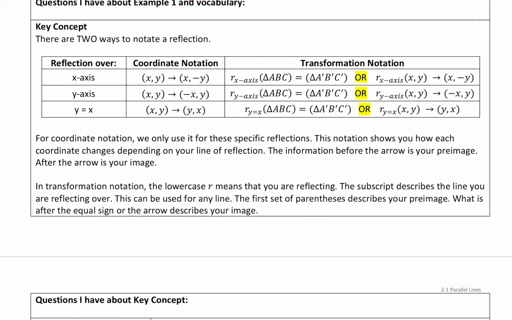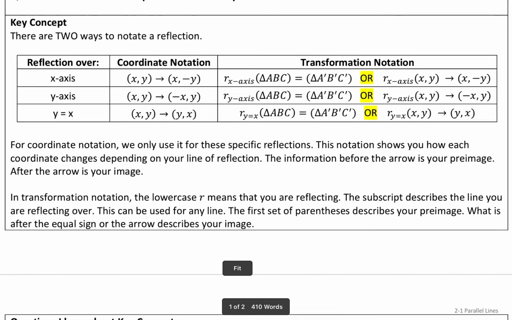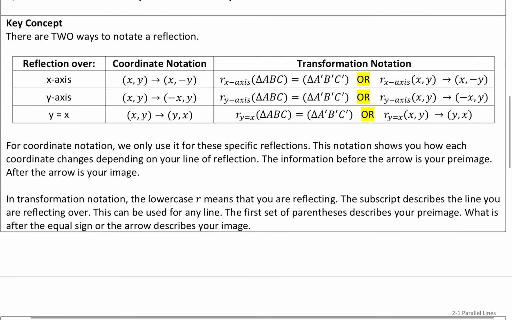The next thing we want to look at is ways to notate our reflections. We're going to have two different ways to notate a reflection: a coordinate notation and a transformation notation. Our coordinate notation is basically going to tell us what happens with each of the coordinates.